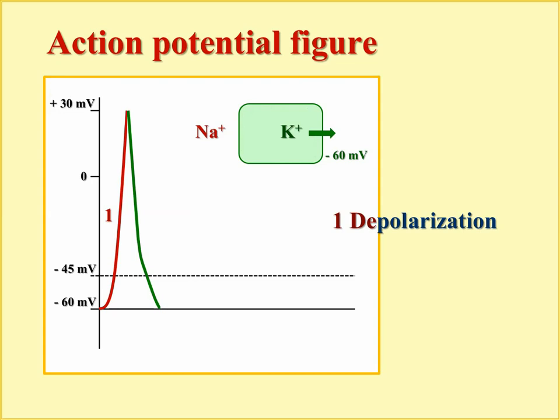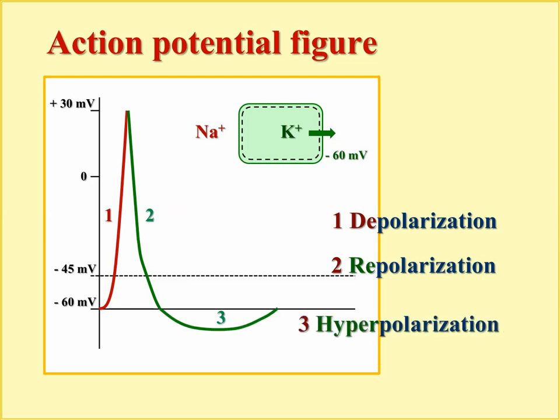So this first restoration of the initial resting potential, from the peak down to the resting potential, is phase number 2, repolarization. But potassium permeability stays high, and potassium continuously goes from the cell. And this creates a third phase, which is hyperpolarization.